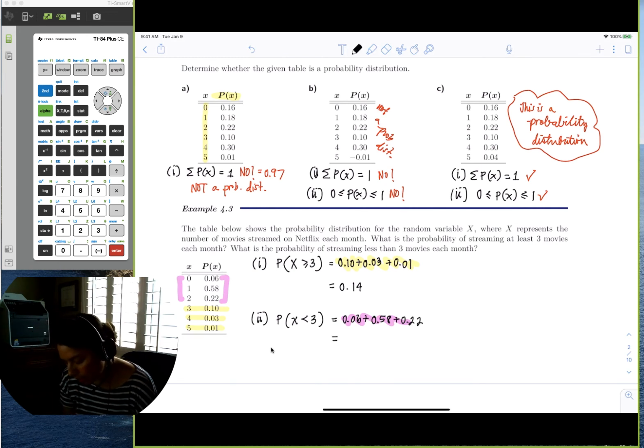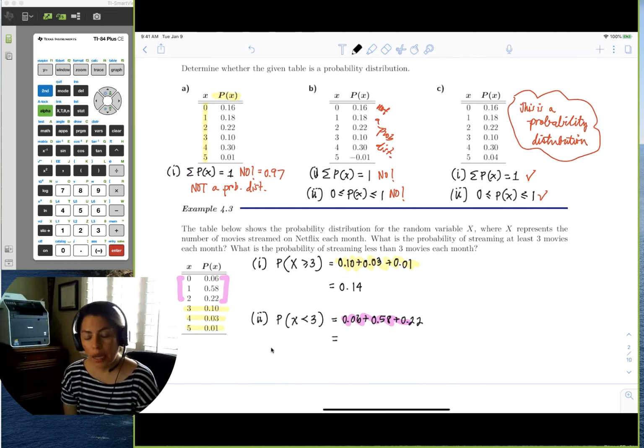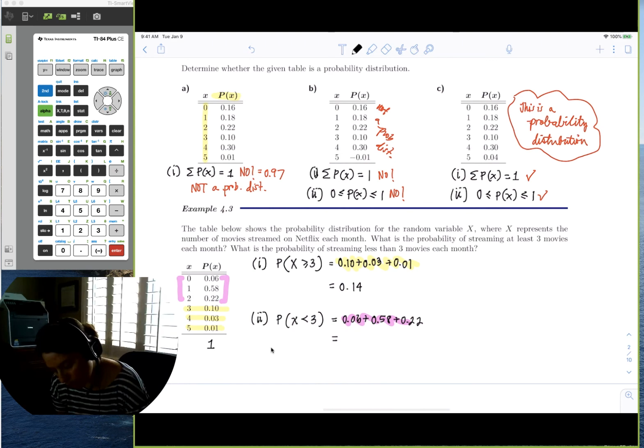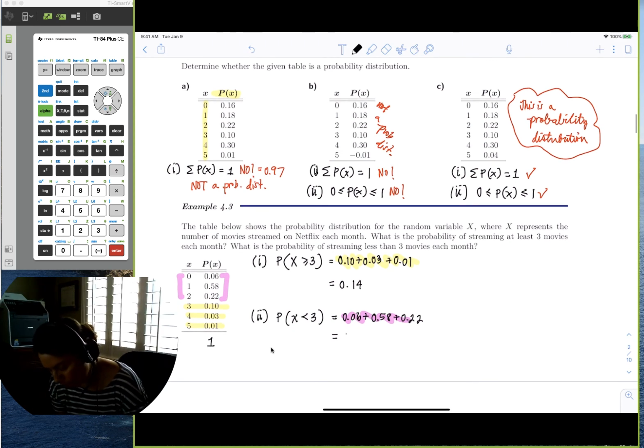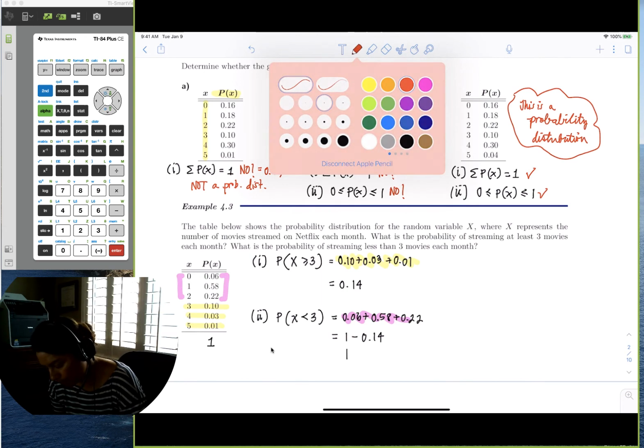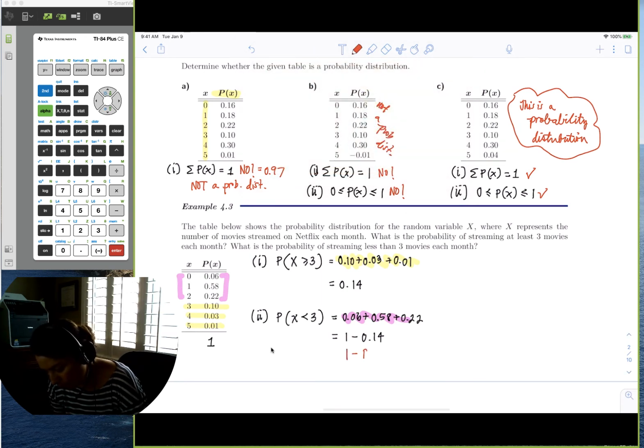Or I could say that another way is saying, well, I already found 3, 4, and 5. And these all add up to be 1, wouldn't that be the same as saying 1 minus 0.14? Or in other words, 1 minus the probability of x at least 3.